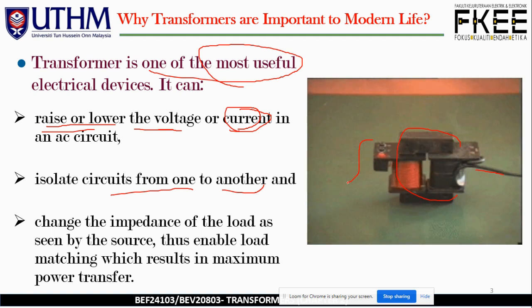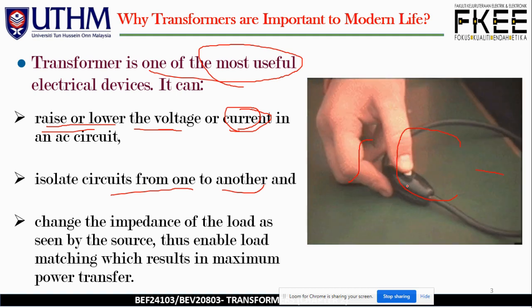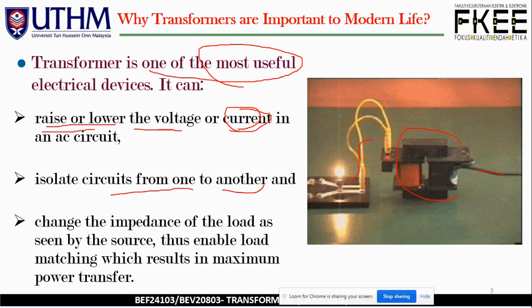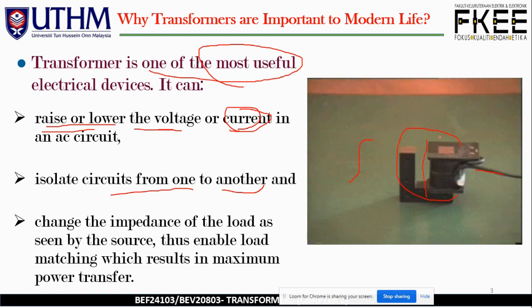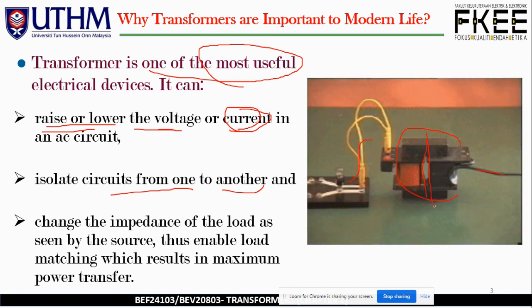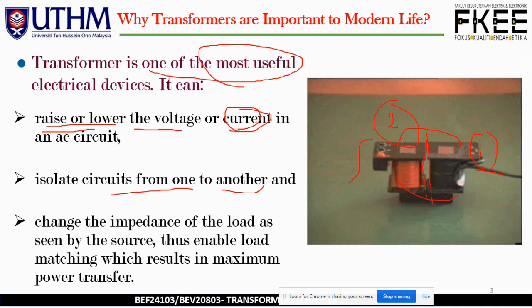So in other words, it isolates the circuit here from that. So we have the incoming, as well as this is the outgoing, the load where the load is placed.